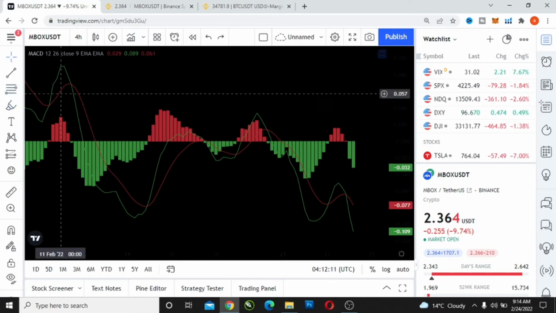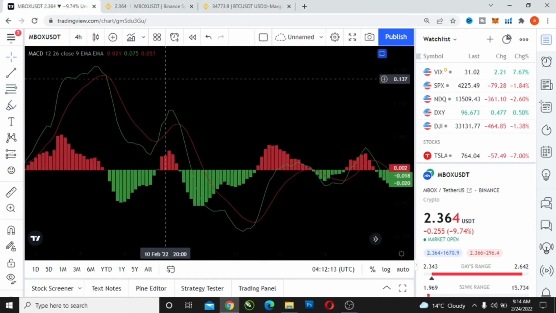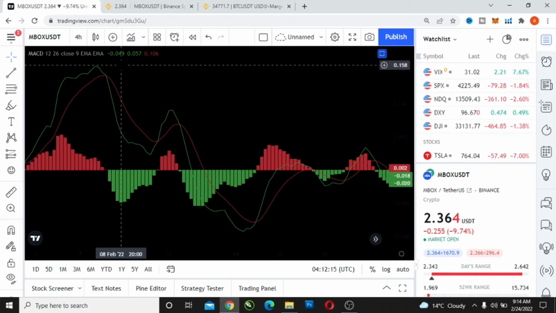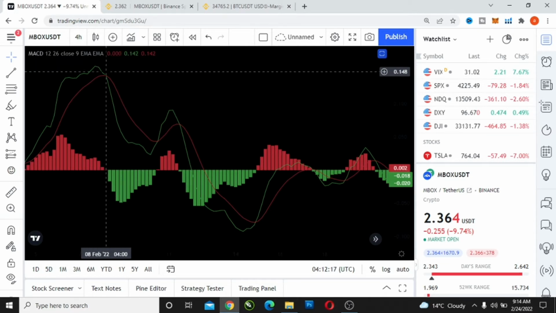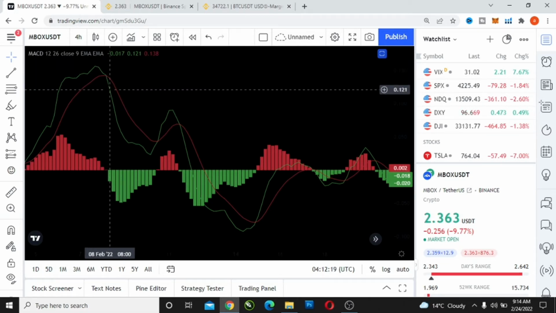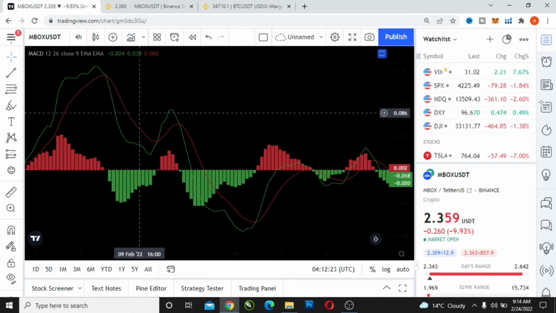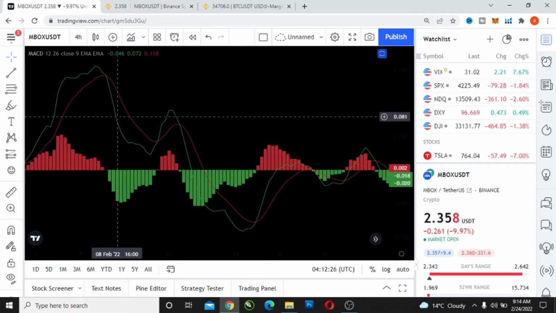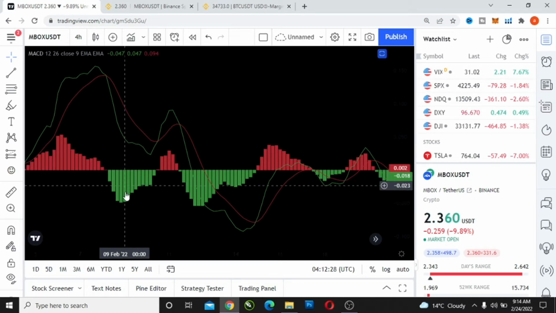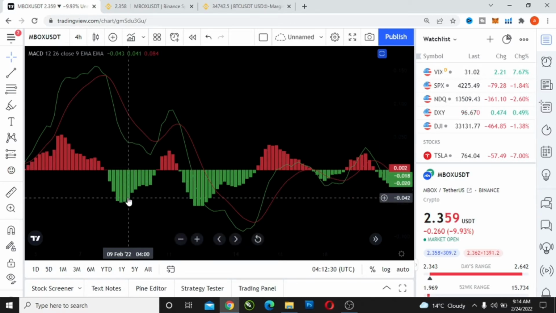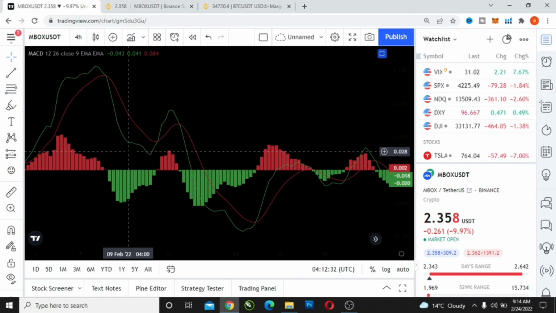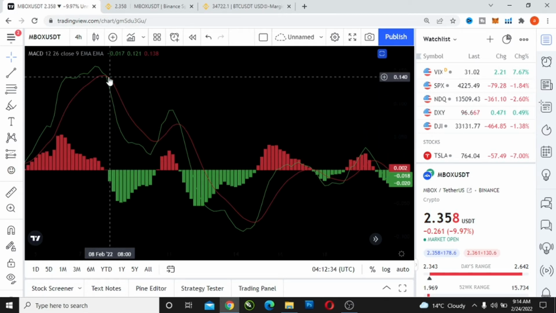if you look at the higher high area, when after the crossover MACD, that means this green line, is below the red line, that means the volume is decreasing. As you can see, the volume is decreasing. And that means you have to sell your coin at this particular point.